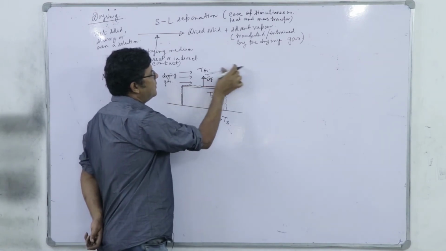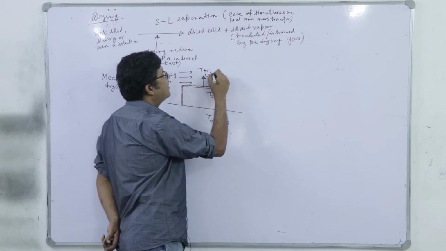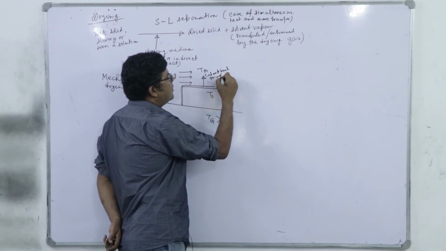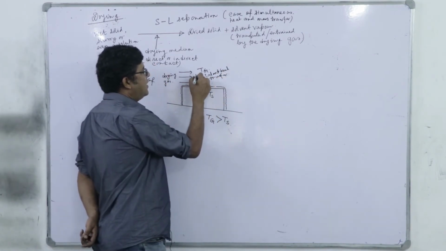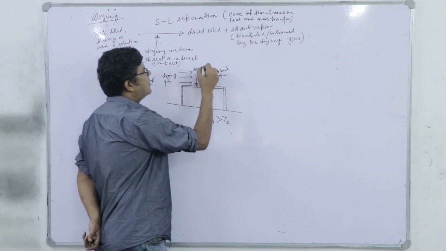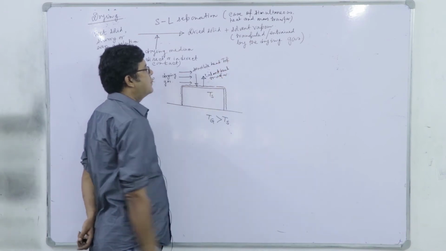or rather we should say it is the direction of latent heat transfer. So that must be balanced by an equivalent amount of sensible heat transfer. Right.